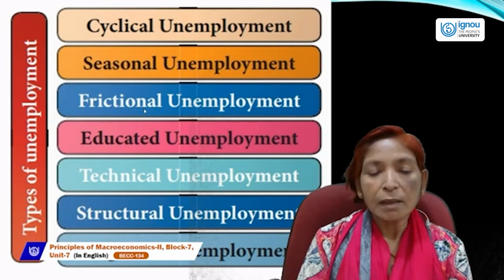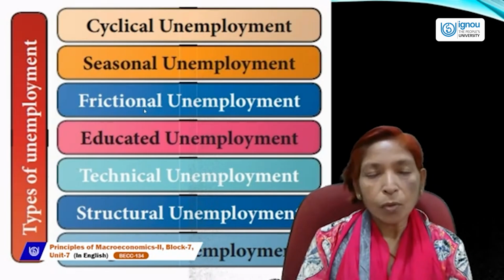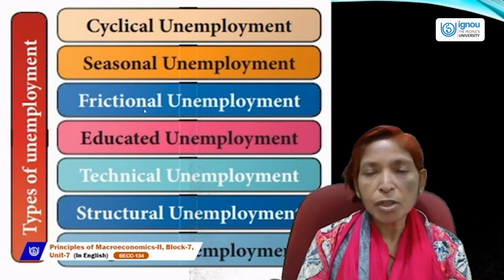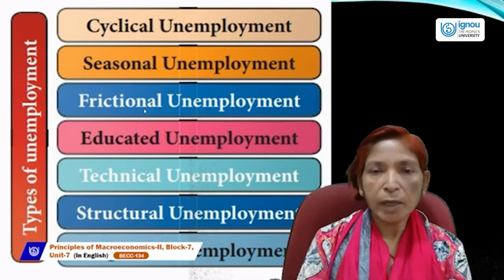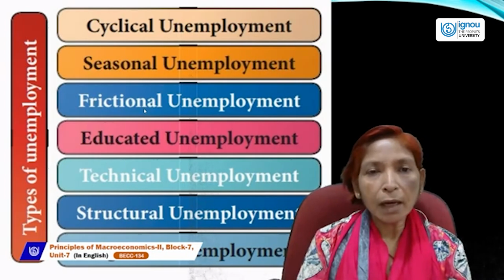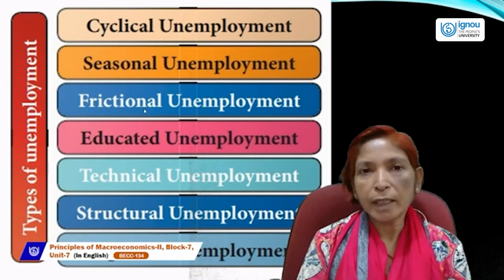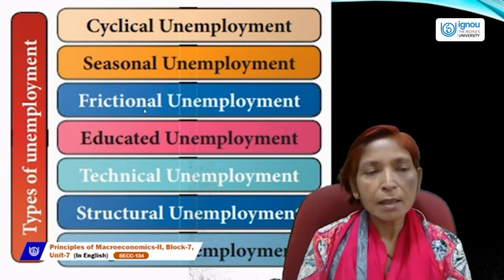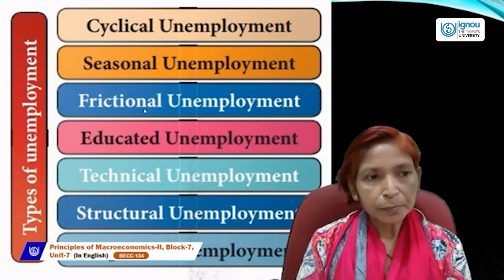It means those people whose marginal productivity contribution is nil, whose contribution is zero, but who are still engaged in the agriculture sector, are called hidden unemployed or disguised unemployed persons.